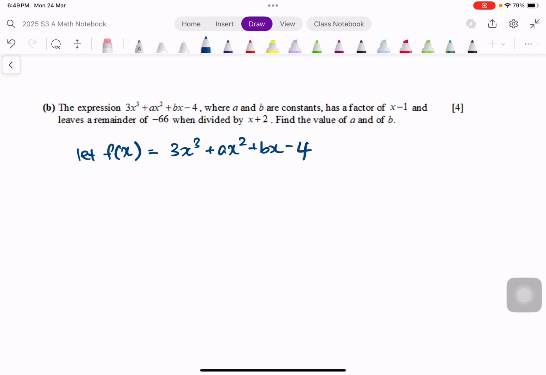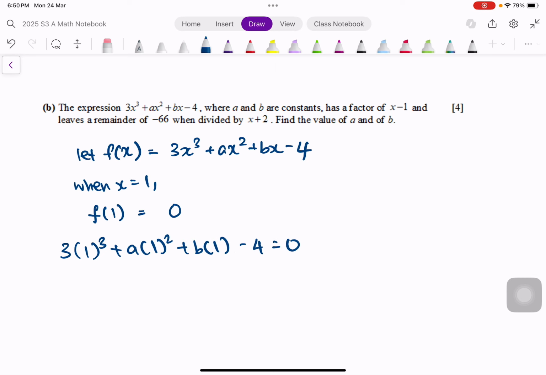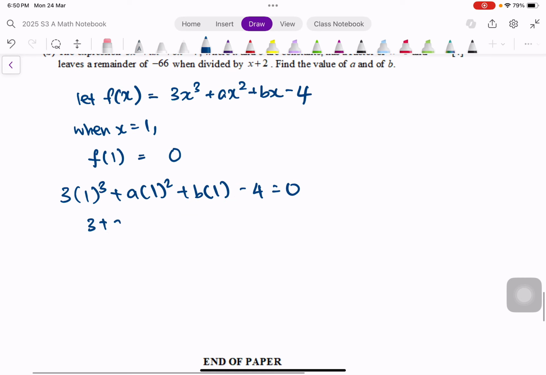Once I know x minus 1 is a factor, by the factor theorem, I can substitute x equals 1, and I should have 0 remainder. So I will substitute all my x as 1s. I get my first equation out.